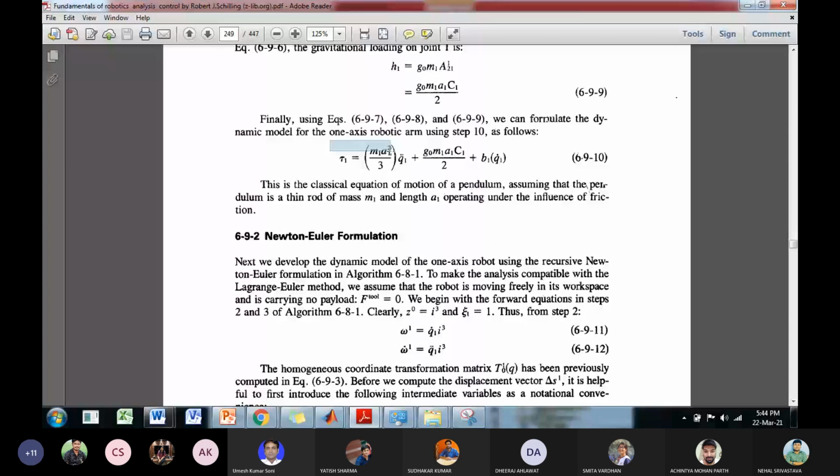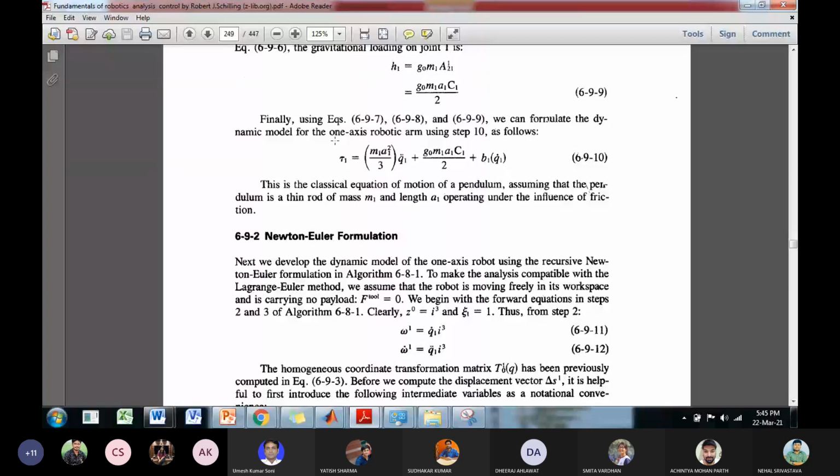Okay, this is the torque equation based on the m1, a1, gravity and all values. Okay, so this is the theta 1. Now based on this theta 1 dot and theta 1 double dot, you have the torque equation.